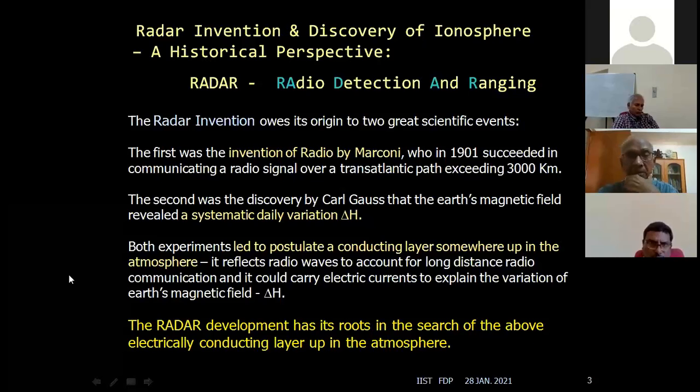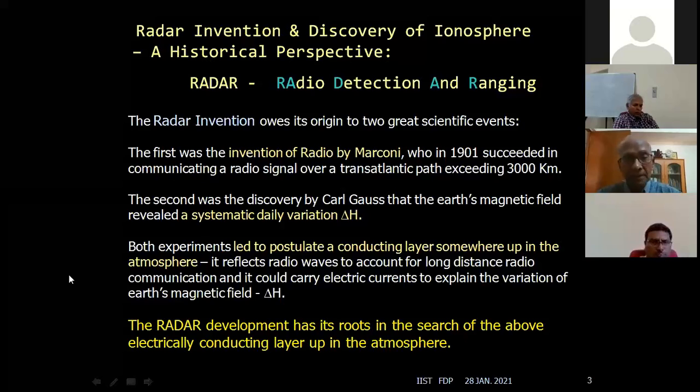So what was the motivation or the scientific events that spurred the development of the radar, that led to the development of the first radar? There are two scientific events. One is the invention of radio by Marconi in 1901.